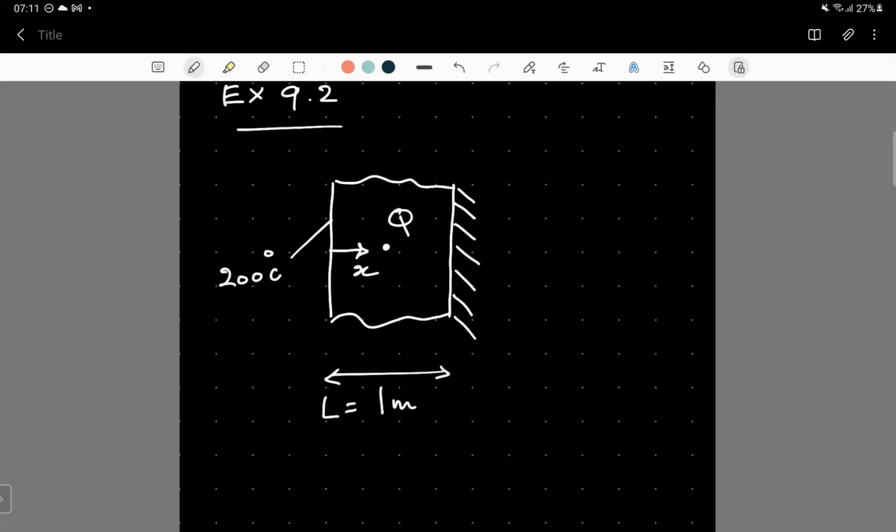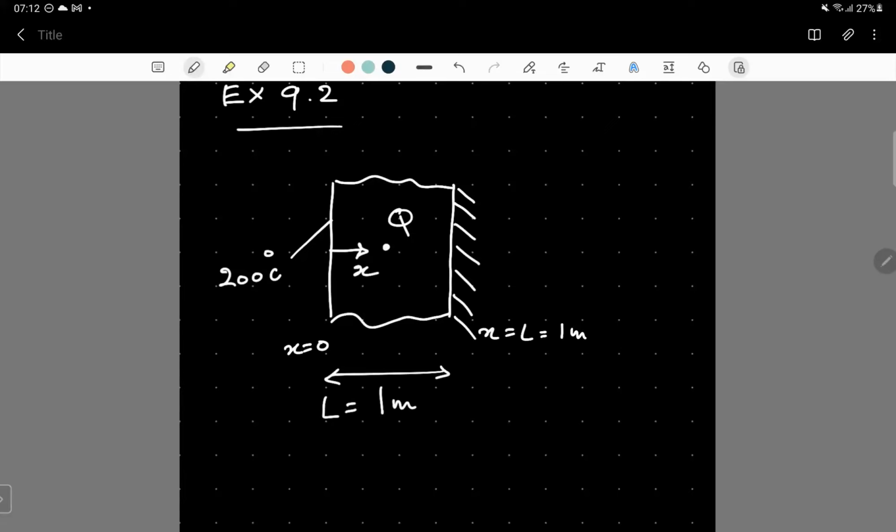This is a plain wall. The left hand side surface of the wall, where x is equal to 0, is maintained at a constant temperature of 200 Celsius degrees. And the right hand surface, where x is equal to L, that is 1 meter, is properly insulated.